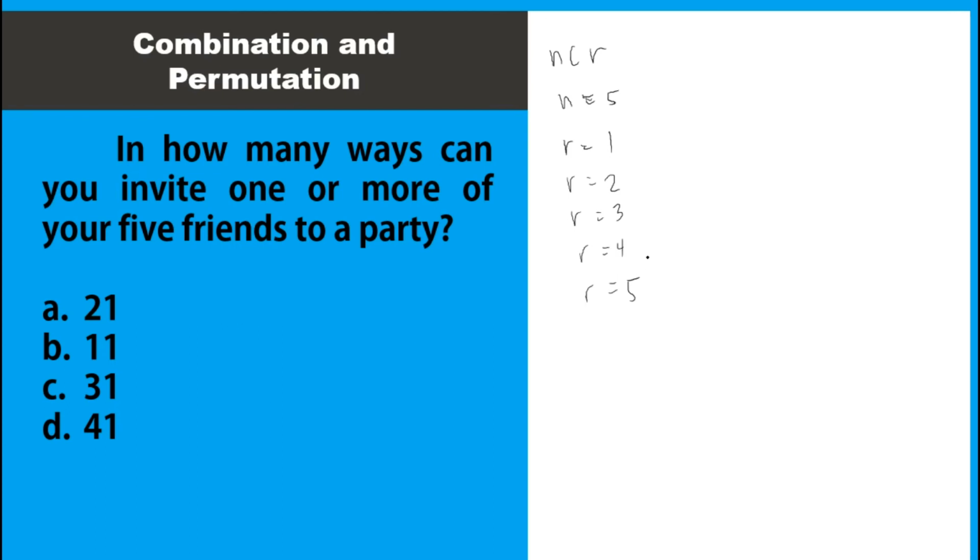It means that the number of ways you can invite one or more of your 5 friends to a party is the sum of these combinations. So you can invite your friends one at a time, you have 5C1 plus 5C2, 2 at a time, plus 5C3 plus 5C4 plus 5C5.